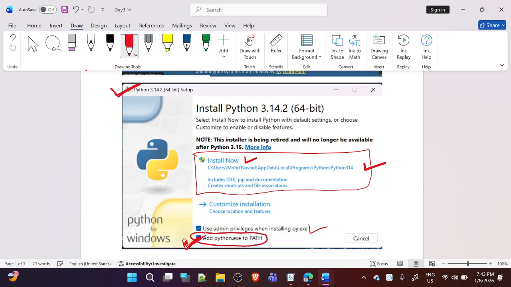If you do not check this box, then whenever you open CMD and check python --version, it will display that Python is not recognized as an internal or external command. So it is mandatory to add python.exe to PATH, right?